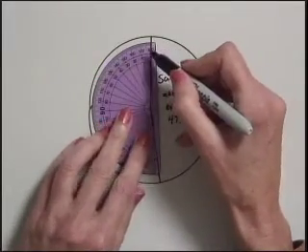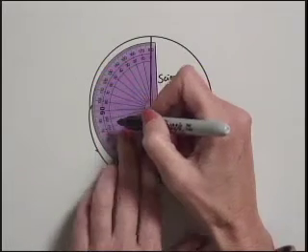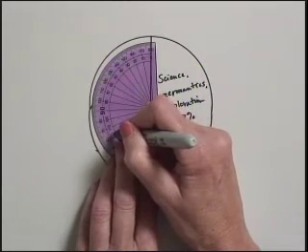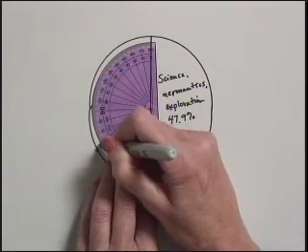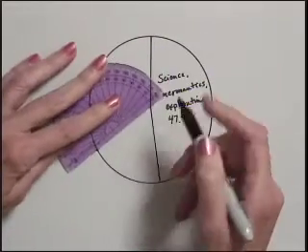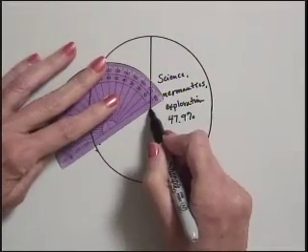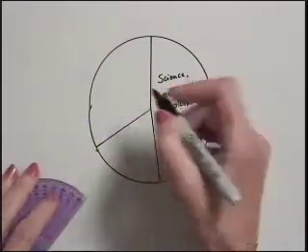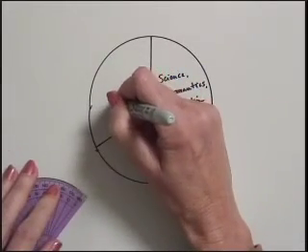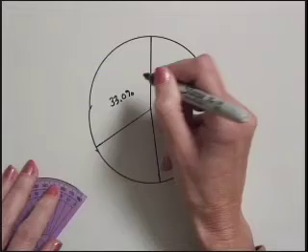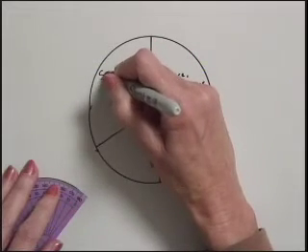So 119 degrees is going to get us to about right here. And again, extending the radius, we're going to have the 33% represented here for space operations.